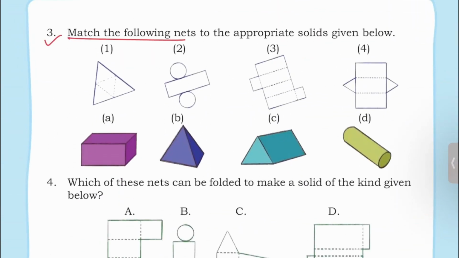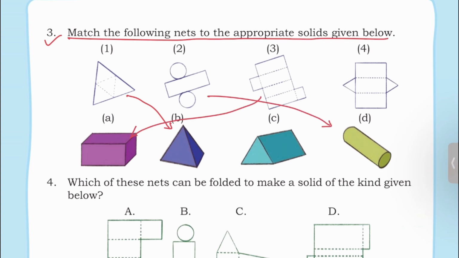3. Match the following nets to the appropriate solids given below. This represents this one, this represents this one, this one, and this one. You can get these structures by folding the nets shown above.